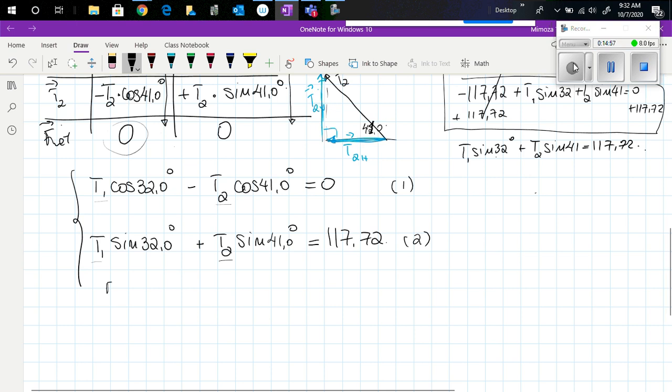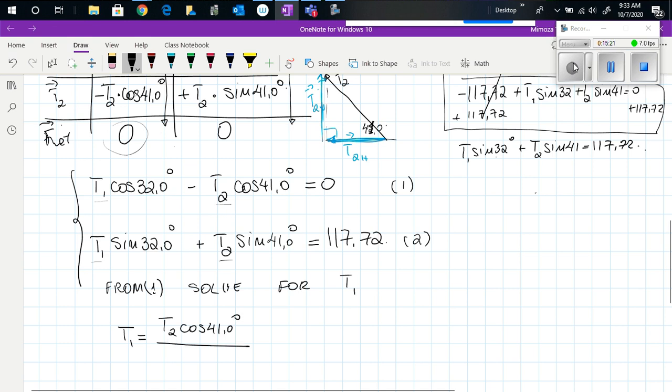From equation 1, I will solve for one of the variables. Which one? I will say T1. So then equation 1 is converted now into T1 equals T2 cosine 41 over cosine 32.